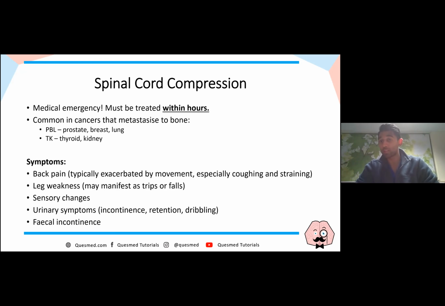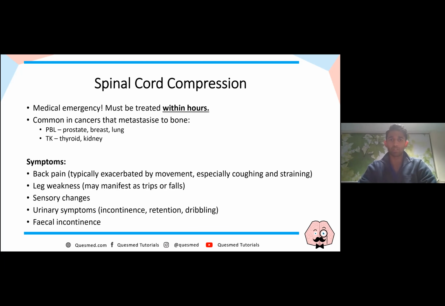We've talked about leg weakness. They may report that directly, or you might find it in the history in the form of trips or falls. Sensory changes: usually patients don't report them, so this is something you elicit on examination. And then urinary and bowel dysfunction, again, either incontinence or retention.